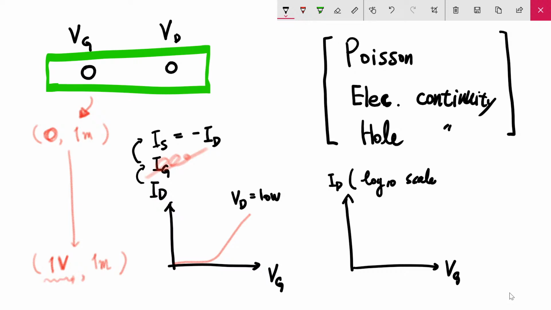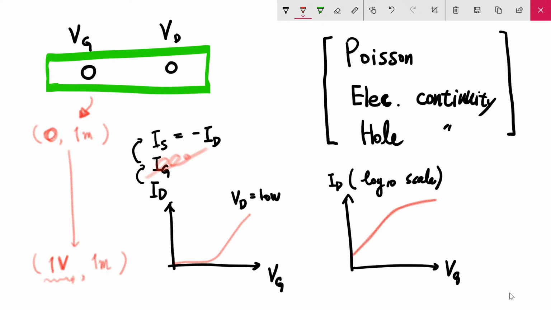For example, you have drawing tools like Origin or MATLAB, so you can easily convert from linear scale to log scale. So please take this semi-logarithmic graph, and if we draw the same quantity with this semi-logarithmic scale, you will find that it corresponds to your graphs here.